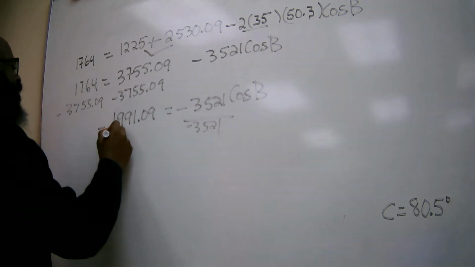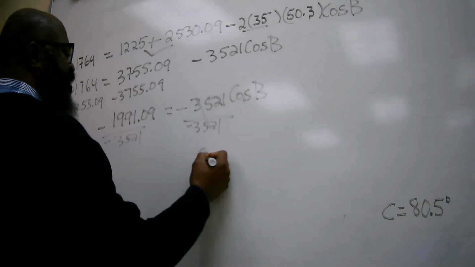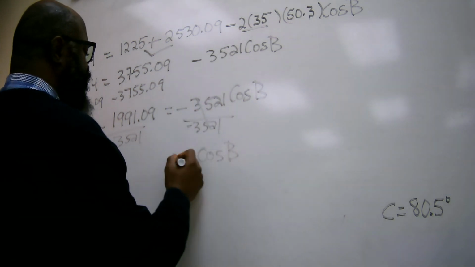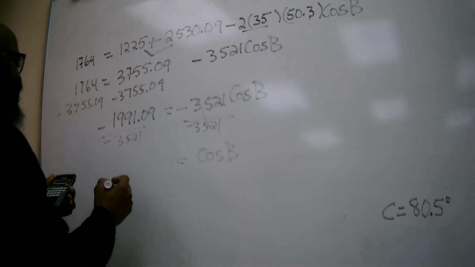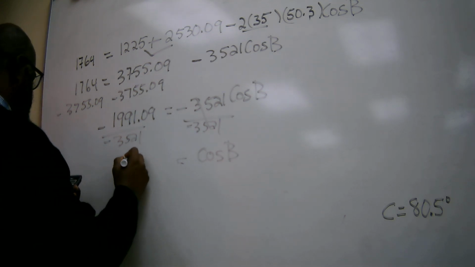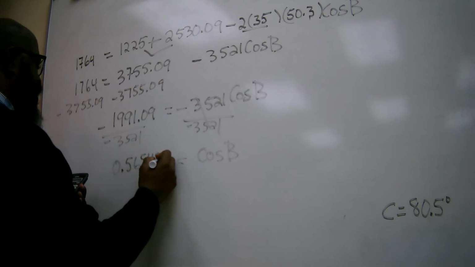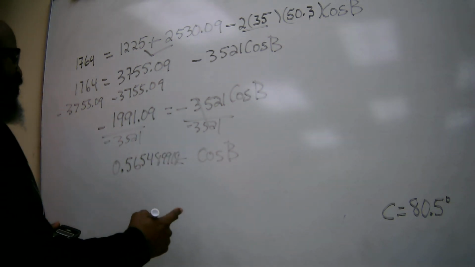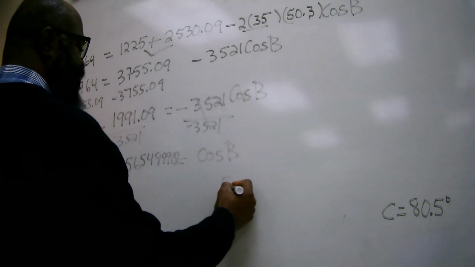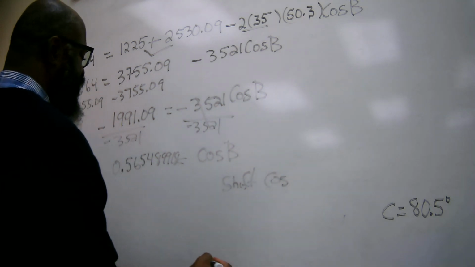Negative 3,521, and this is going to become a positive number. We divide negative by negative, divide by 3,521, that's 0.5655. Then I'm going to do inverse cosine, shift cosine. I'm going to press shift cosine. It's going to change to inverse cosine.